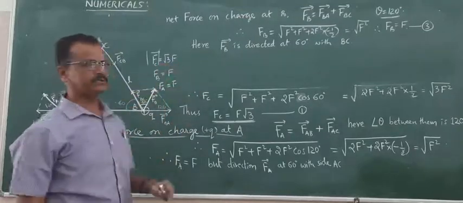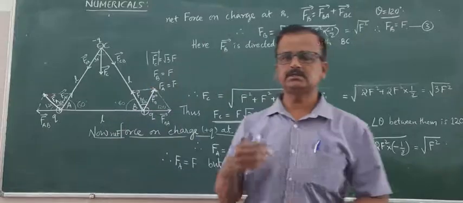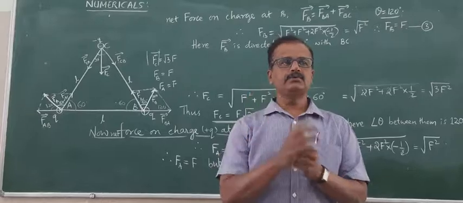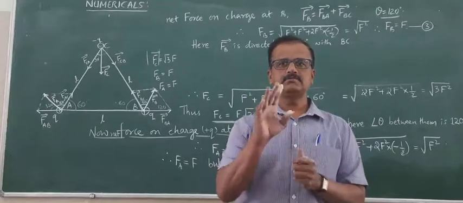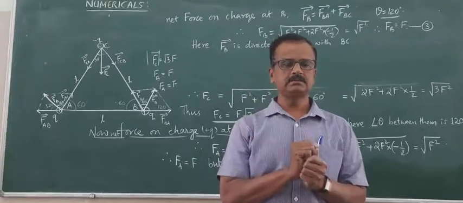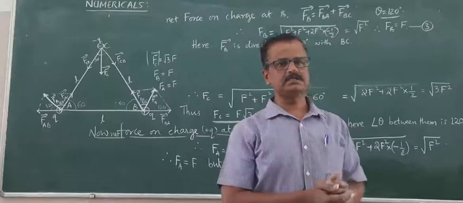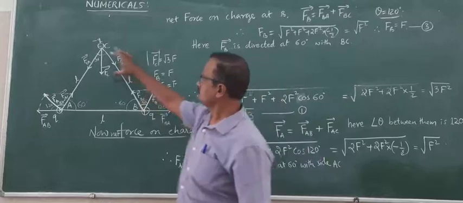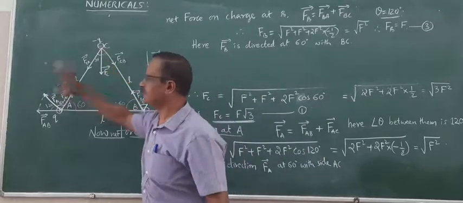This is the first part of the question. Second part, just look at the second part of the question. What is the net force on the system of 3 charges? So the net force on the system of 3 charges is the net force due to Fb, Fc and Fa.